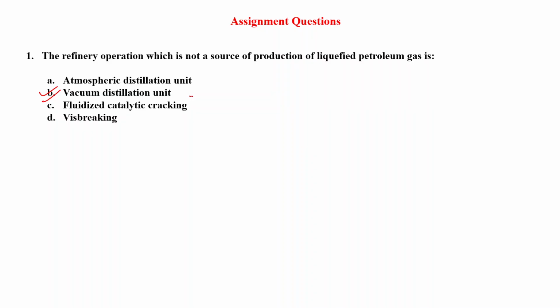In the vacuum distillation unit, no LPG is produced. Whereas in the atmospheric distillation unit, the overhead gives LPG, and in catalytic cracking and visbreaking also the overhead gases may consist of some amount of propane and butane, which is mainly the composition of LPG.